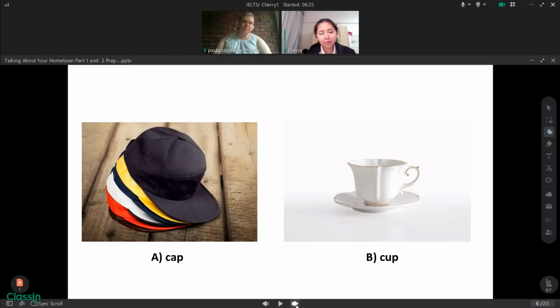In Europe some people have a hat, and in Asia many people have a cap to match the clothes, and a cup. Some Europeans want to have a coffee in a cup.